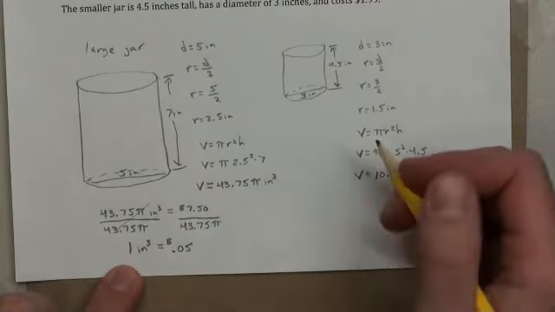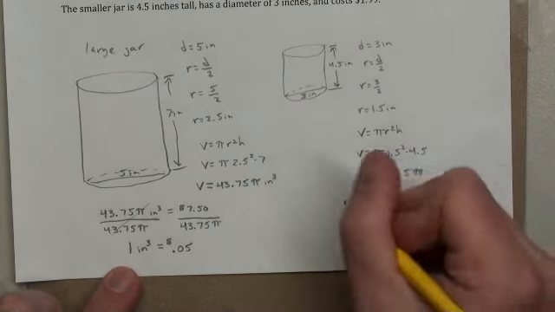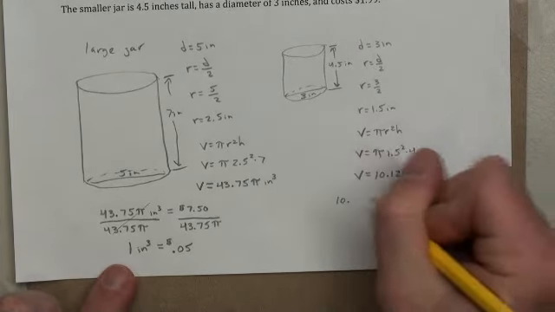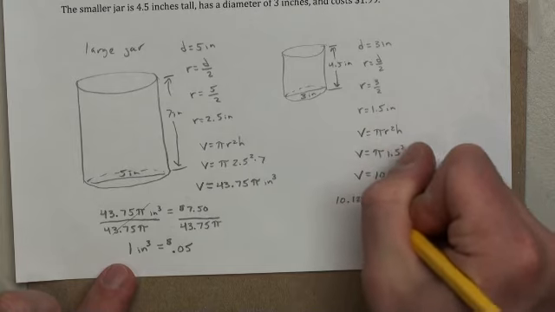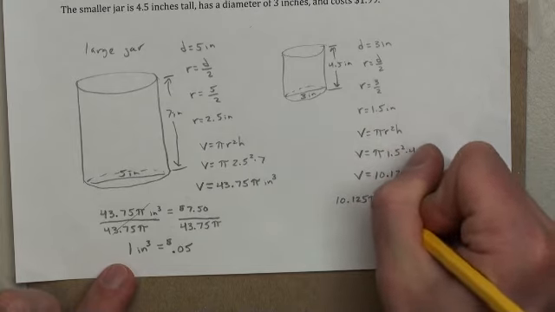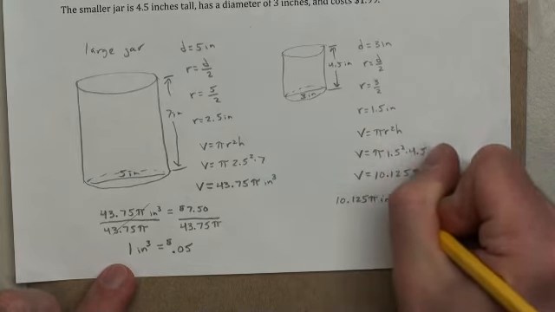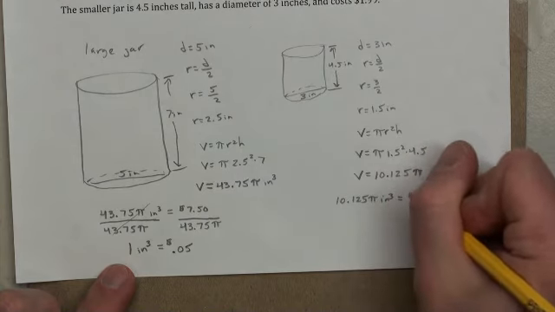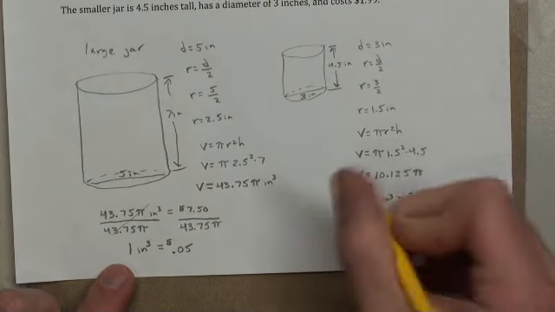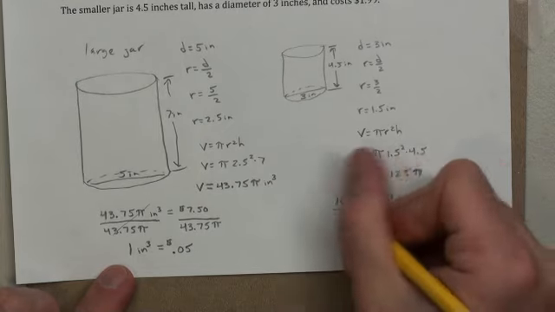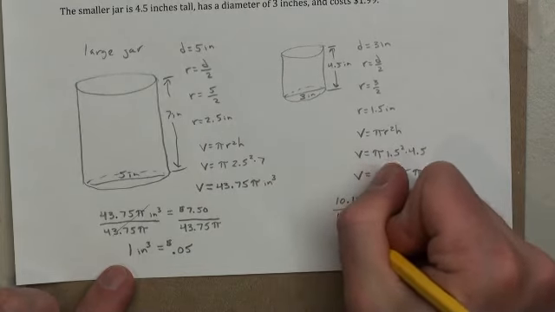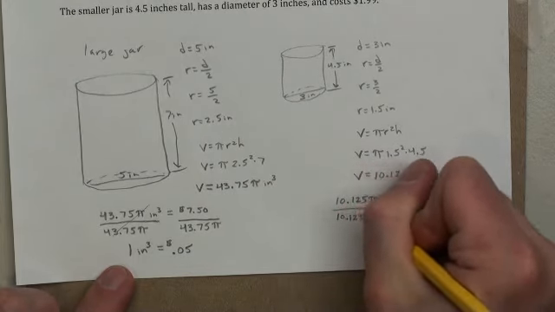Now we do the same thing over here. This time we have 10.125 pi inches cubed equals $1.99. So we're going to divide both sides. We want this to be 1 on the left, so we're going to divide both sides by 10.125 pi.